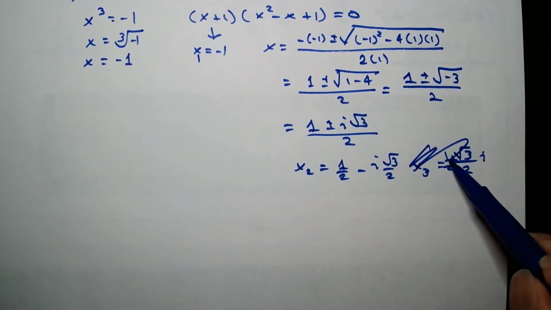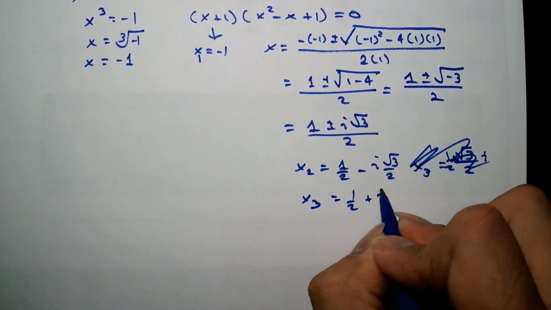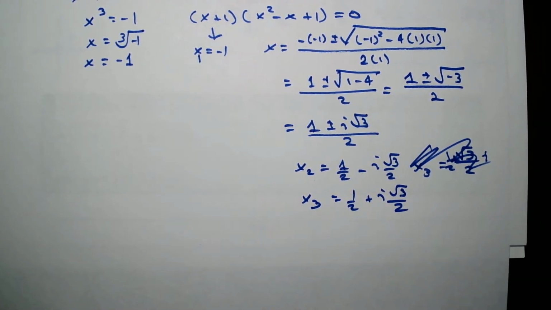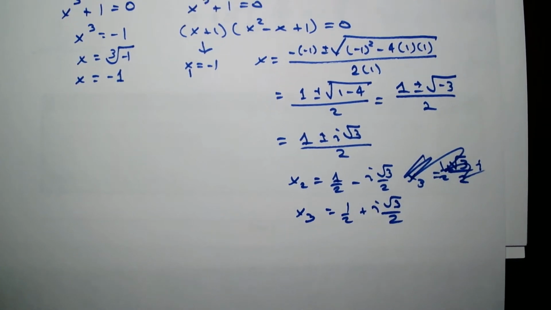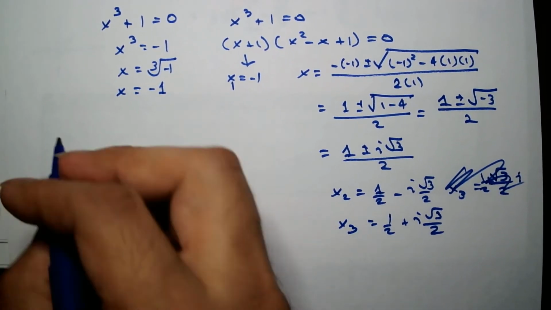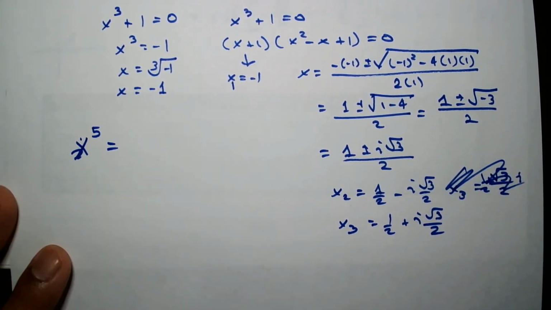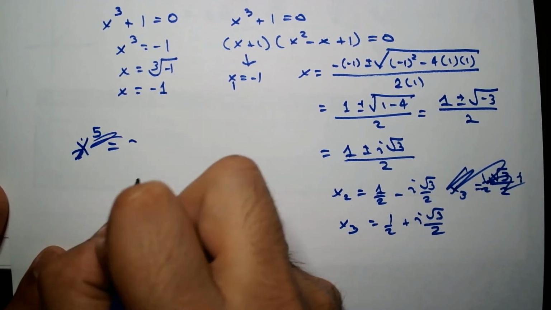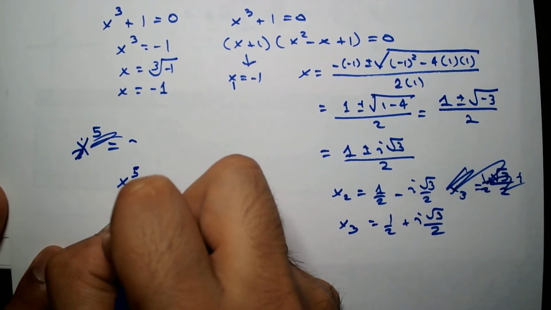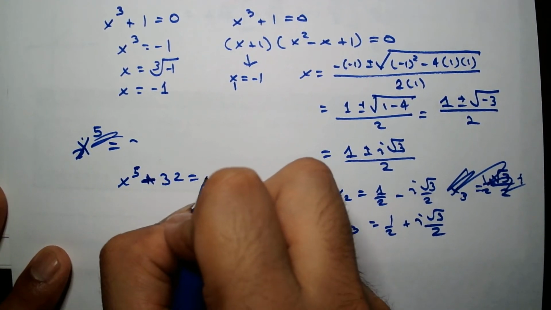All right, so 3 solutions. And the same happens for, I don't know, x to the 5th power plus 32, for example, equals 0.